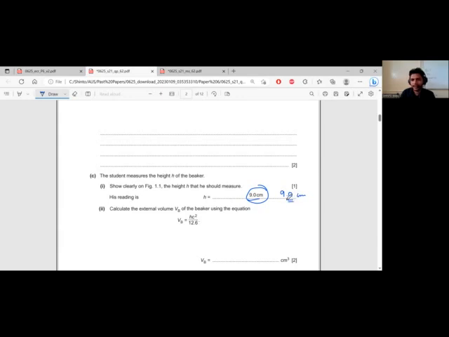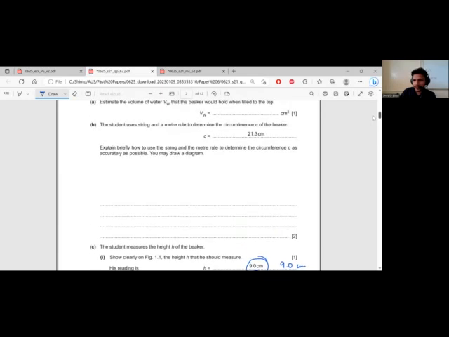So for this purpose, they might have used a meter scale, and that is why it is expressed as 9.0 centimeter, although the value is 9 centimeter.